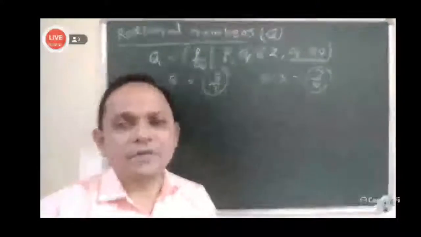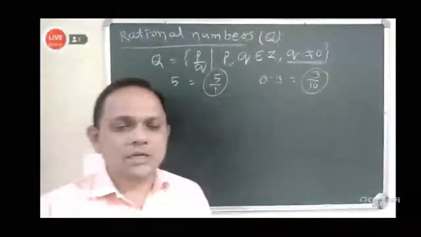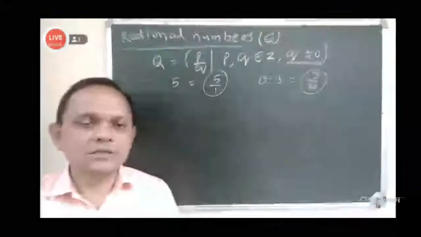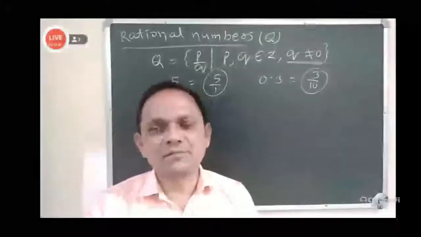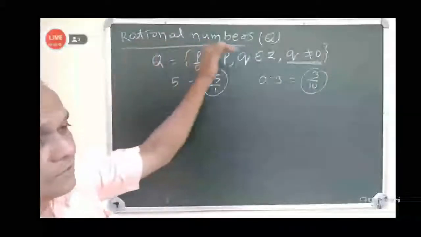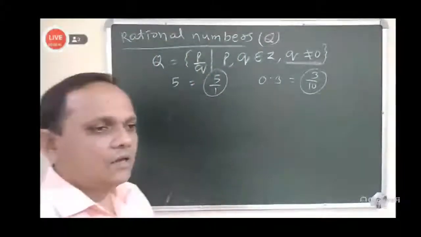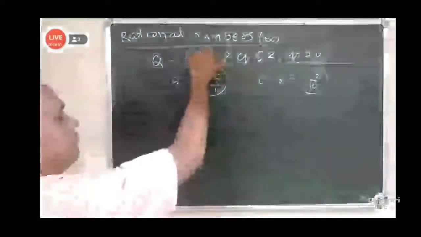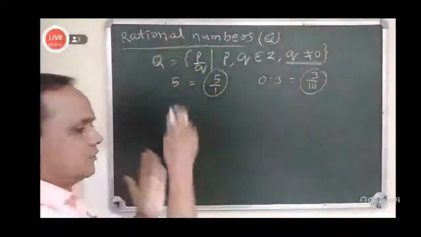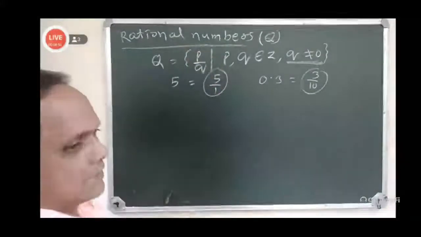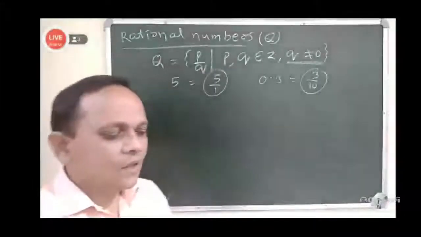All types of fractions we have discussed in the earlier classes, 6, 7, 8, 9, 10, all the fractions are called rational numbers. That means any number which we can write in the form P by Q is called a rational number.